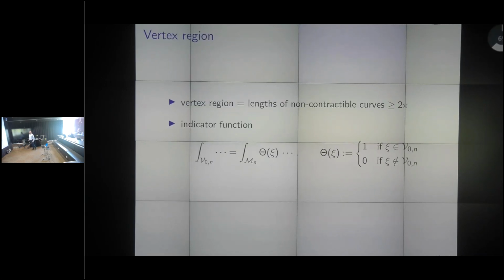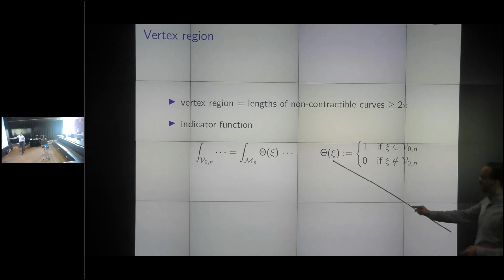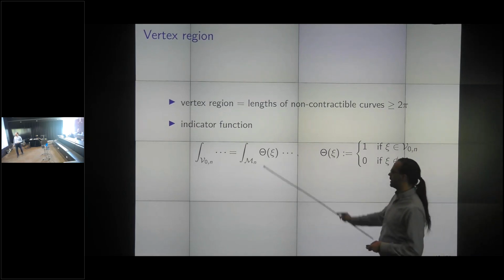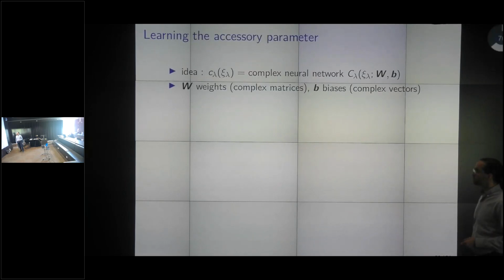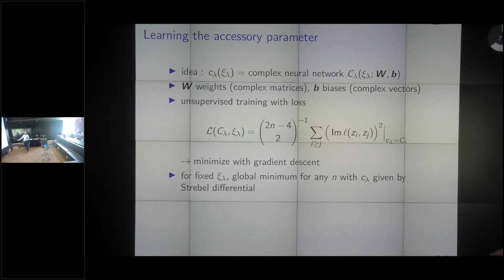Okay. Then you can define the vertex region by the bound on the length of non-contractible curve. You can define an indicator function which tells you if you're inside or outside the vertex region. And the way I want to solve the problem is by computing the c_i using a complex neural network. So for my loss, I will just sum the square of all this imaginary part I wrote before.